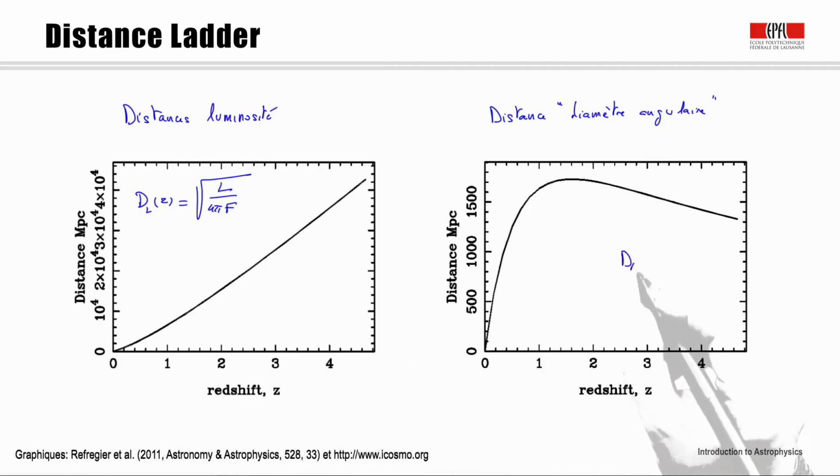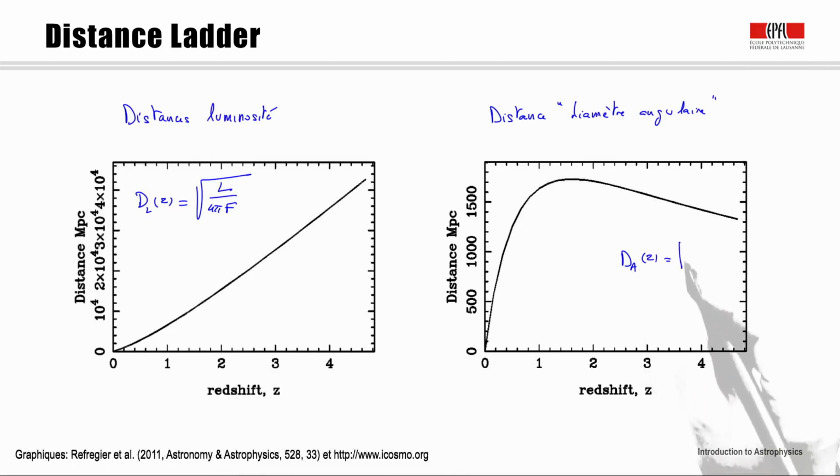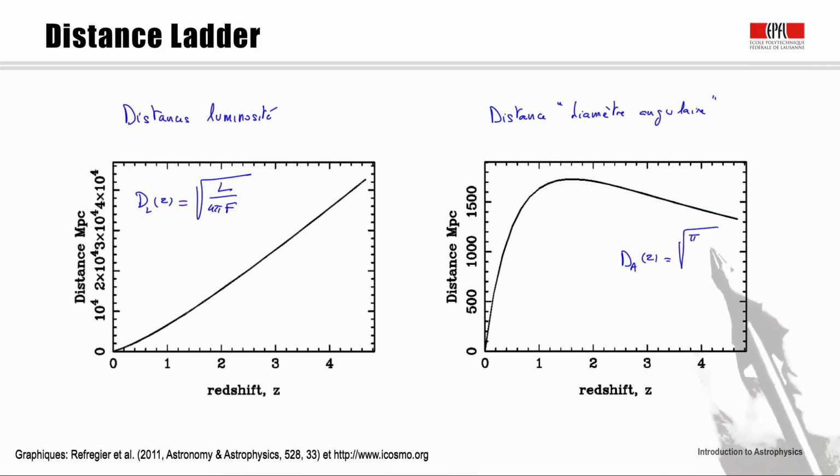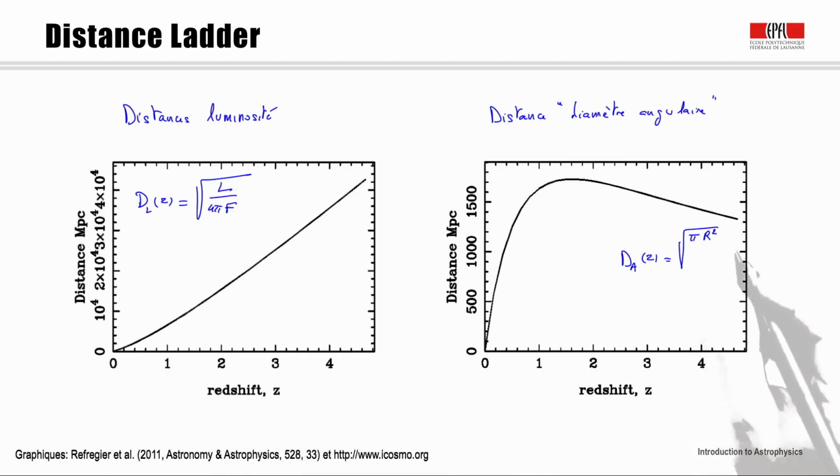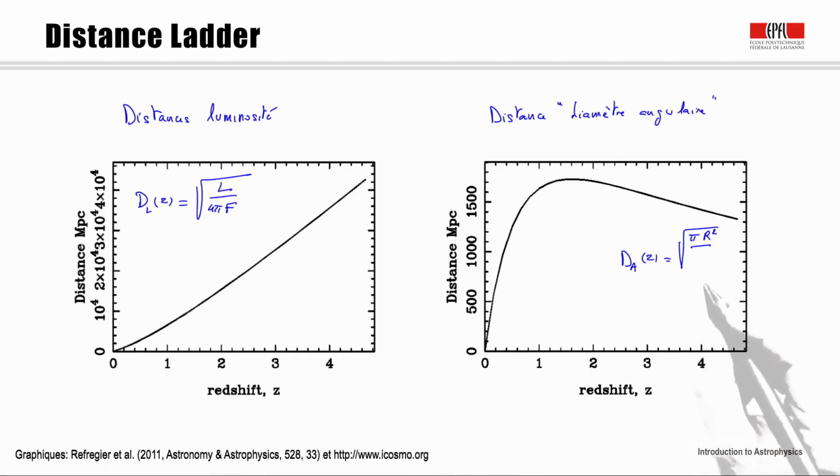We have the angular diameter distance on one side, which will be equal to the square root of pi r squared over omega. So the intrinsic radius, which we are supposed to get by an independent method, and the solid angle which the object subtends.